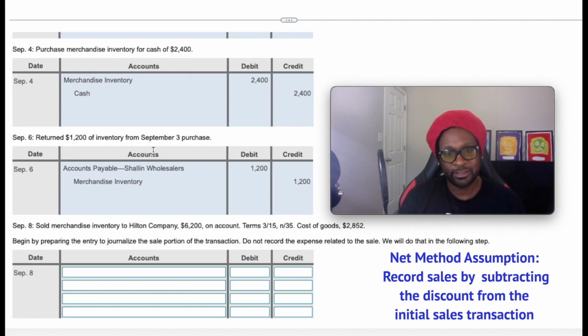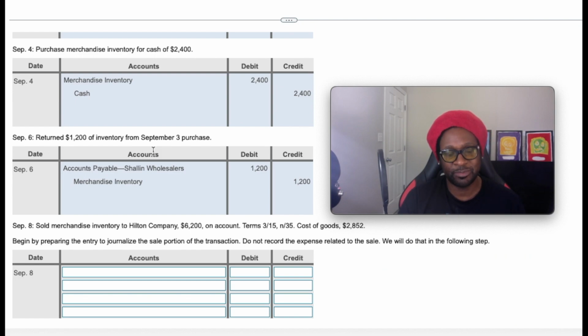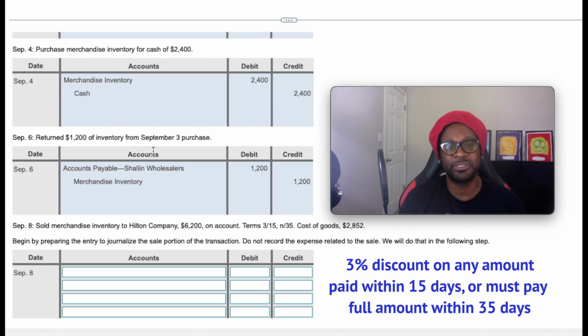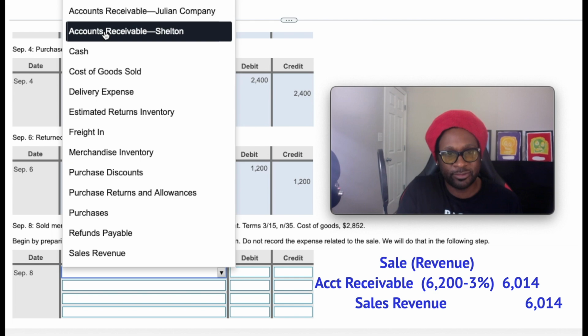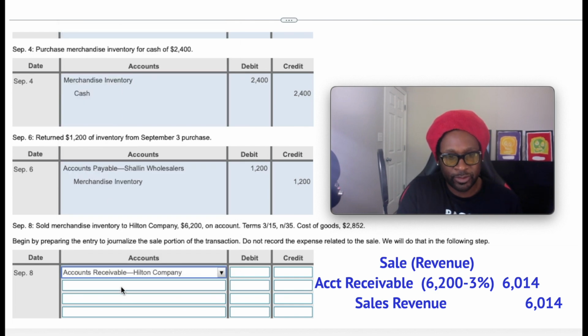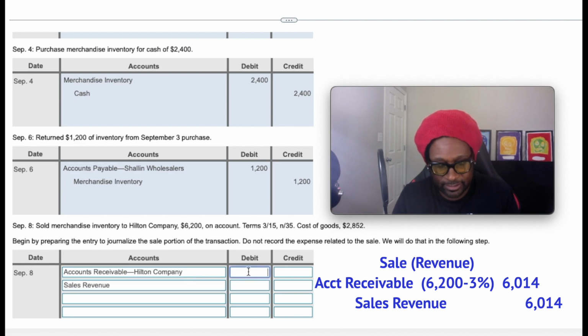Remember, the discount terms basically mean for this particular problem that we're giving a 3% discount to our customer if they pay within 15 days. Therefore, for this initial sales transaction, we are going to debit accounts receivable Hilton and we're going to credit sales revenue for the discounted amount, which is going to be $6,014.